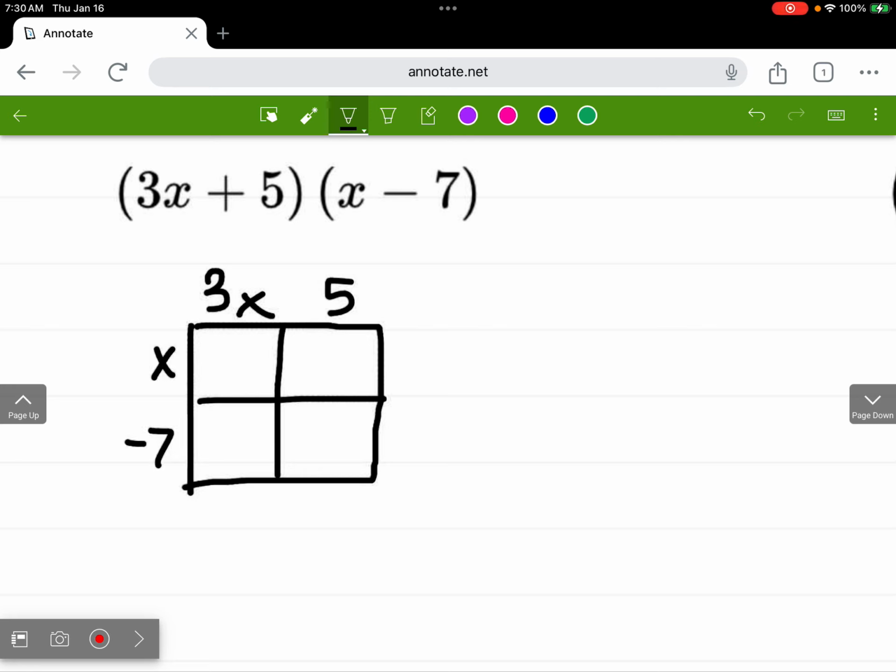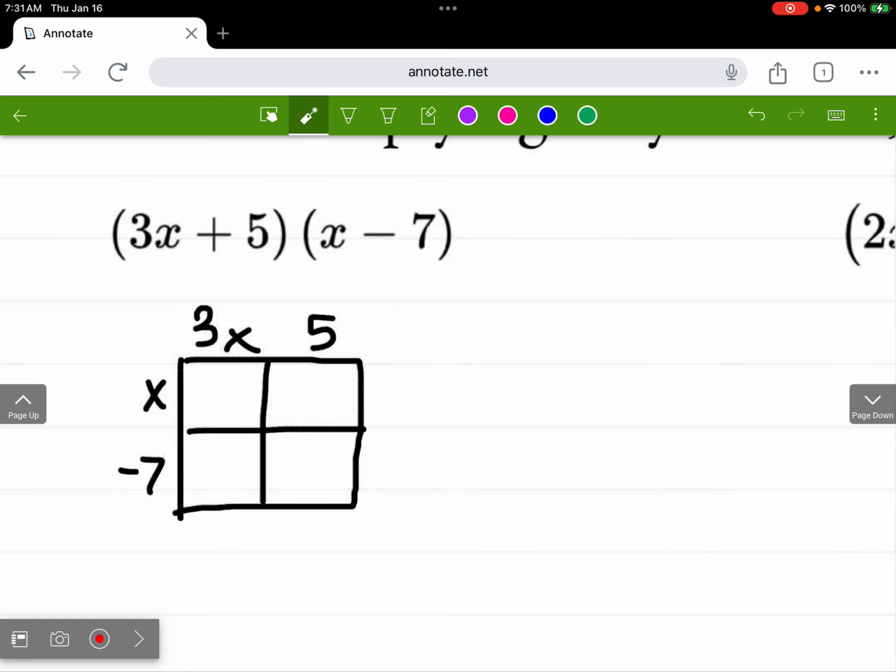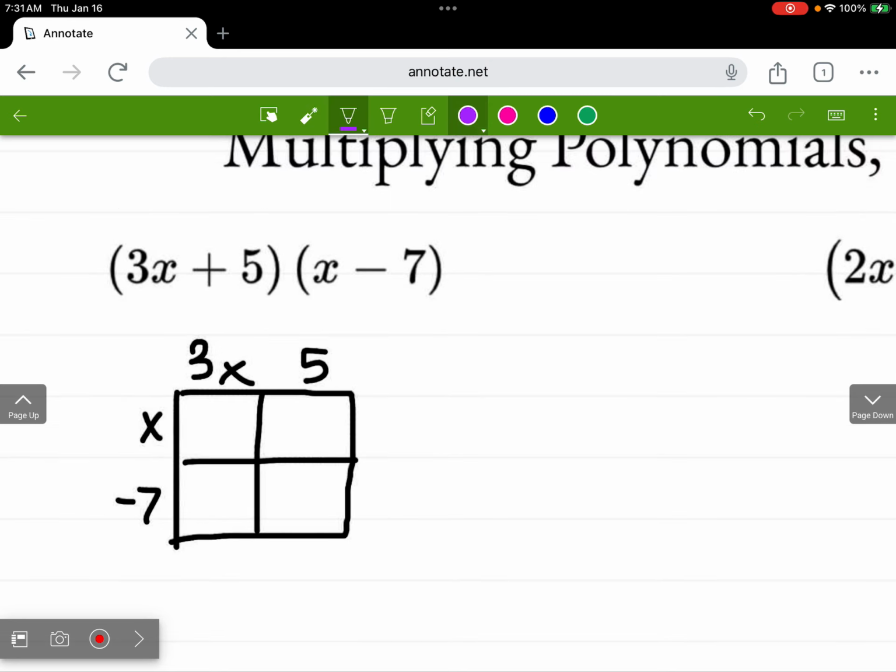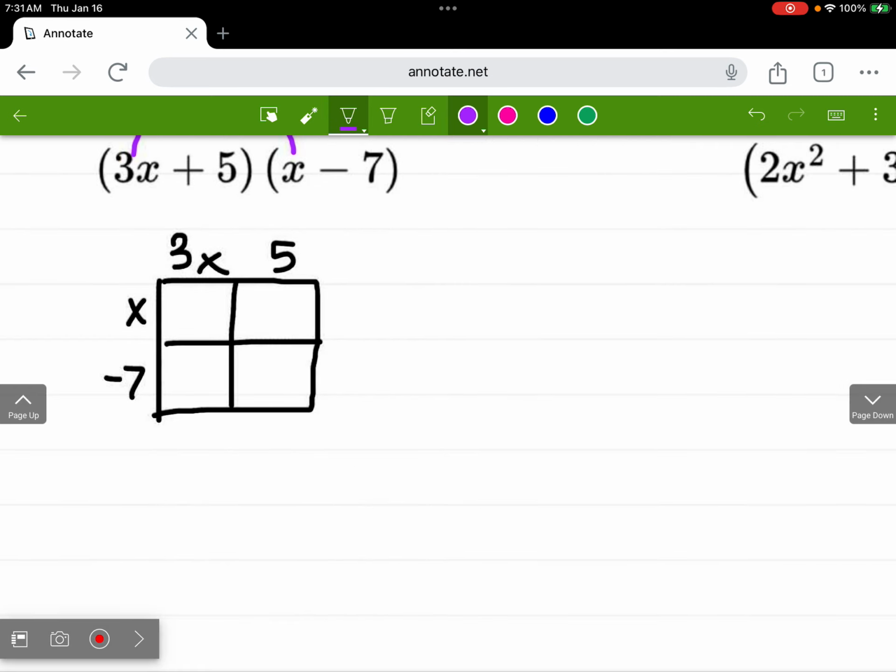You could absolutely switch this piece for this piece. It does not matter which side you make which. Whether you like to box or you like to distribute, we're going to wind up with the same pieces that we're multiplying. We're going to multiply our 3x times x. 3x times x gives us 3x squared. If you're in the box, you're putting it here, 3x squared.